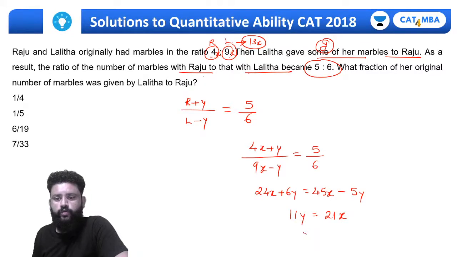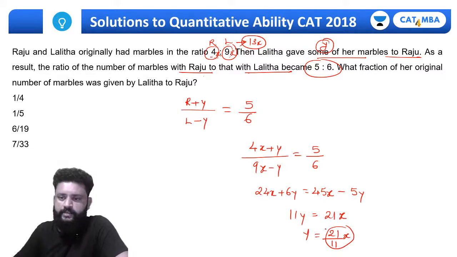So y must be equal to 21 by 11 x. That's what the thing is. Okay, but the question is not over here.